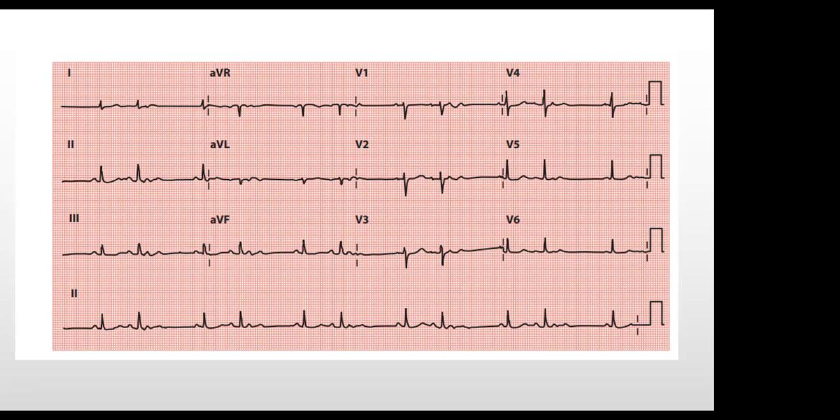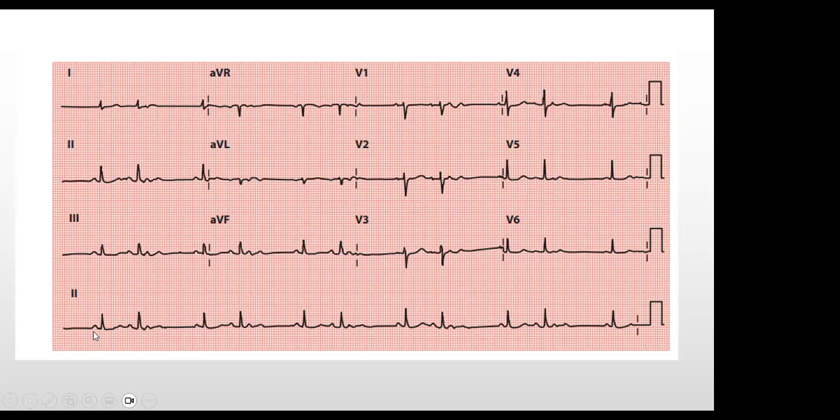Why am I not getting enough from the SA node? So sometimes the atrium can also initiate activities. And these different automatic foci of the atrium can give you varied morphology of P wave, as well as varied morphology of the QRS complex.